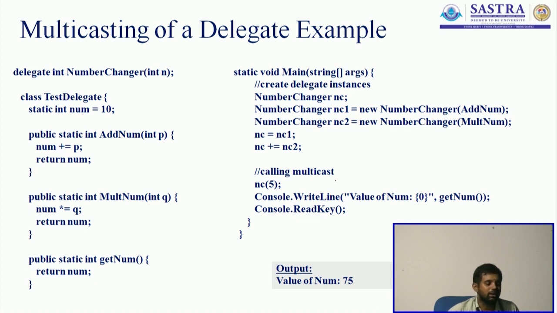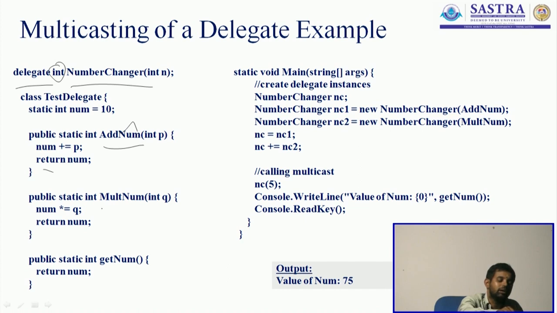You can see here we are creating a delegate of the type integer, and the delegate name is going to be NumberChanger with only one argument in it, right? Then you can find a static method of the type integer, and the static method name is AddNum. We are simply adding and then returning the num.